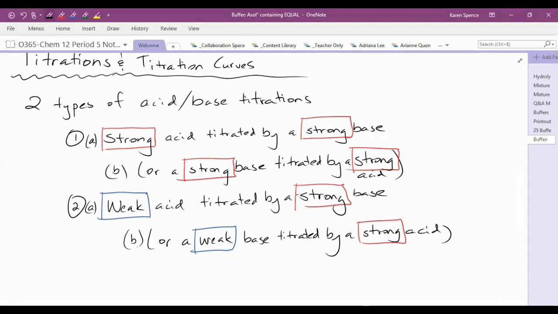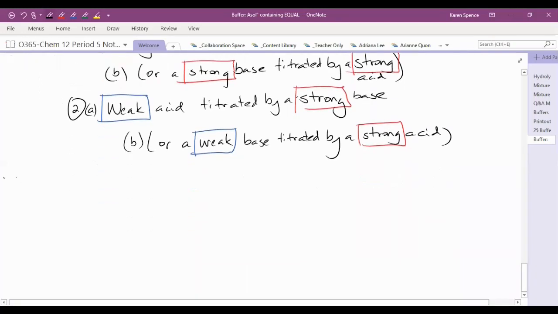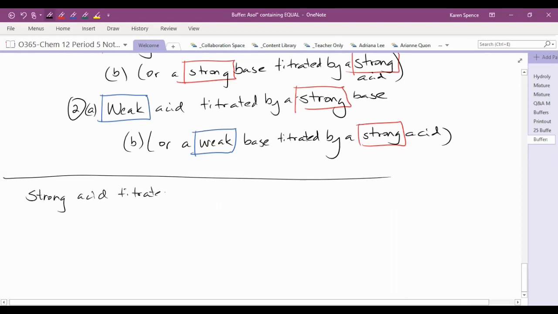So let's take a look at 1A. That's going to be a strong acid titrated by a strong base. So that's our strong.